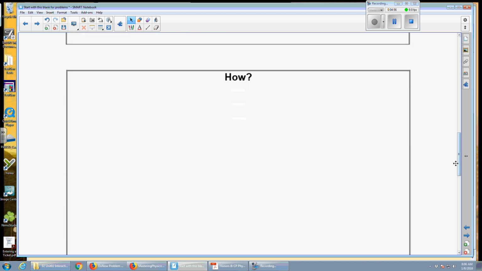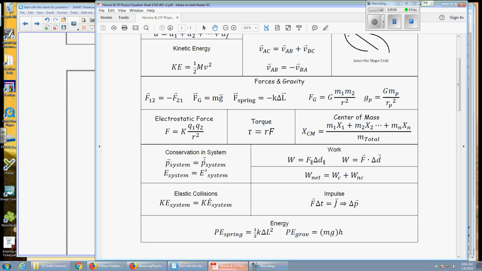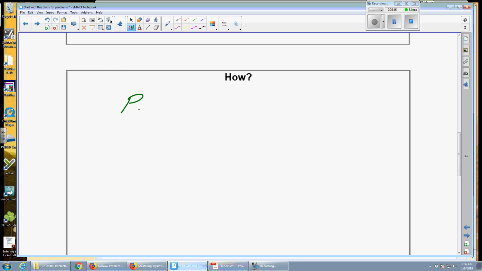All right, so start with the valid physics equation. I know my momentum's conserved, so my momentum of the system equals the momentum of the system afterwards.